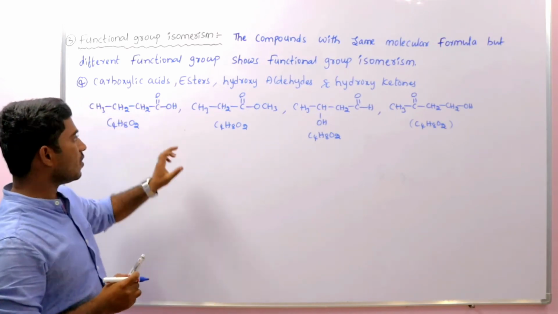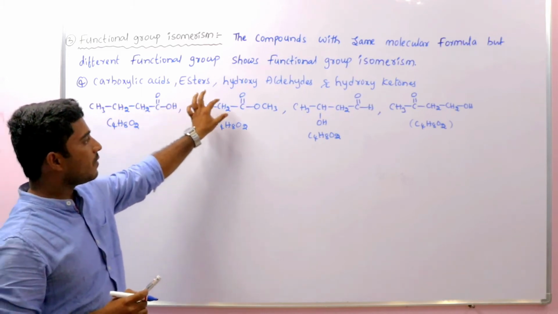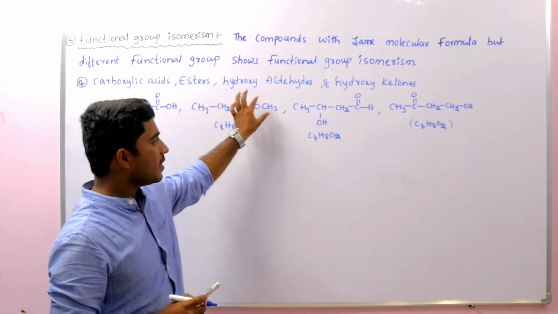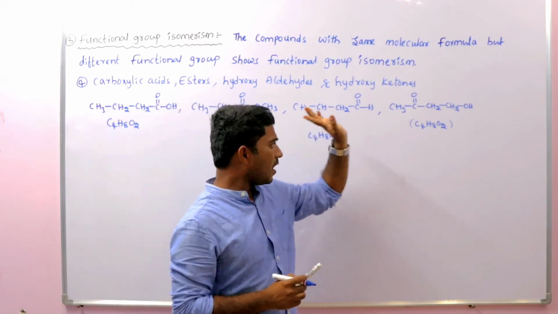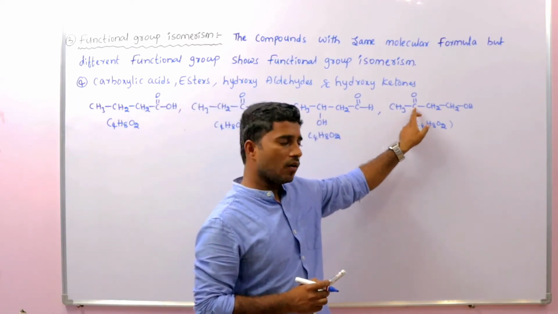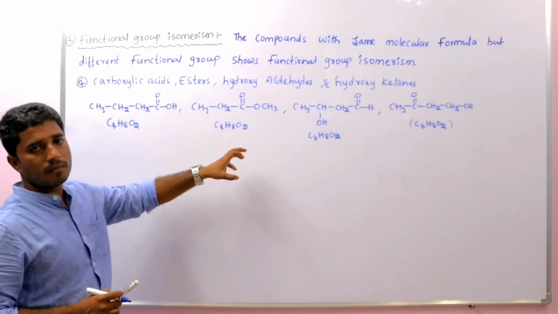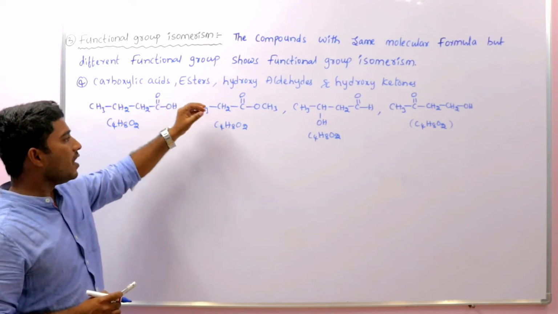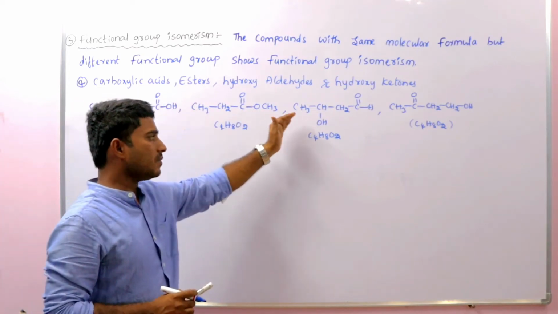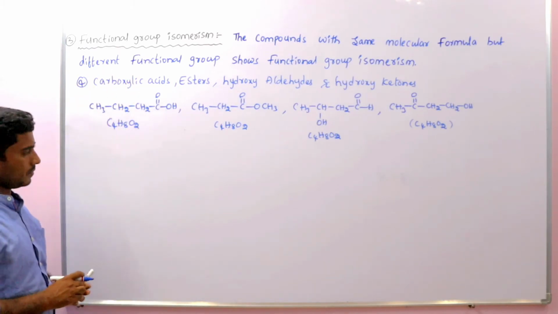But see, here the functional group is different. Here the functional group is carboxylic acid, here ester, here aldehyde and alcohol groups, and here ketone and alcohol groups. These four compounds have the same molecular formula but different functional groups. That's why these four compounds come under functional group isomers.